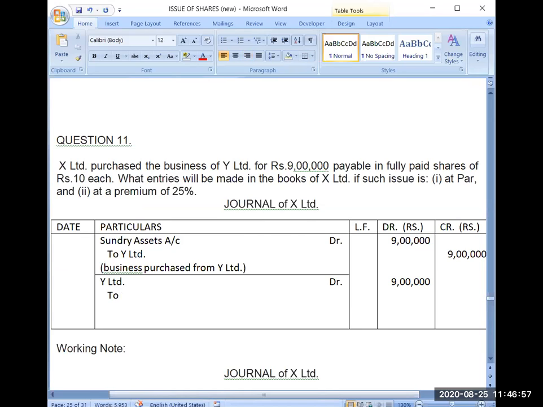To equity share capital account. Because the type of shares has not been specified here, we will be assuming equity shares. Now equity share capital account. Because I will be issuing shares to Y Limited for rupees 9 lakh, share capital will also become 9 lakh.